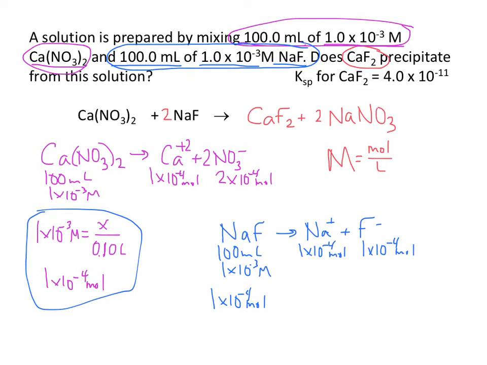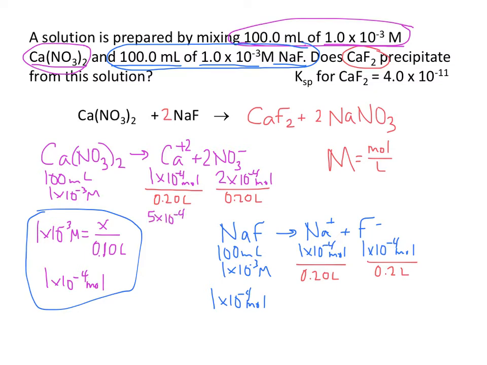So I'm going to take all of those numbers and divide them by my new volume, so I can find a new molarity. And when you take 1 times 10 to the negative 4 divided by 0.2, you end up with 5 times 10 to the negative 4.